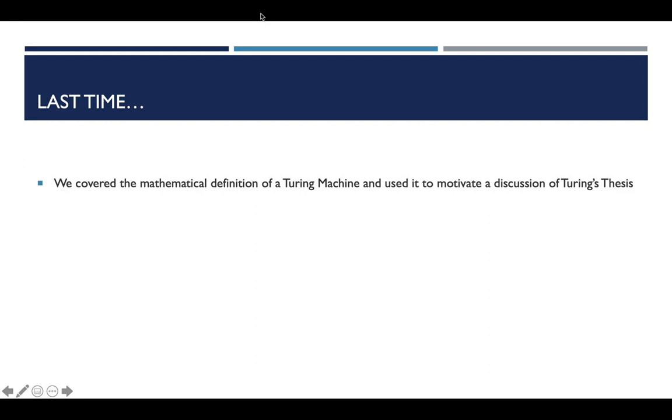Effectively, what Turing's thesis says is that anything a general purpose digital computer, like the one you're watching this video on, can do can also be done by one of these theoretical Turing machines.